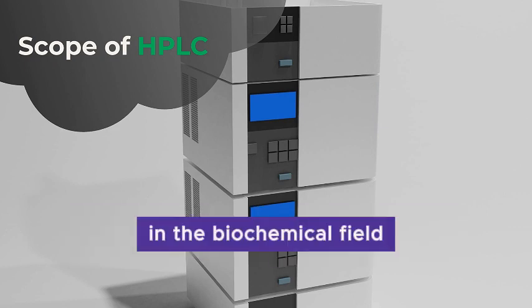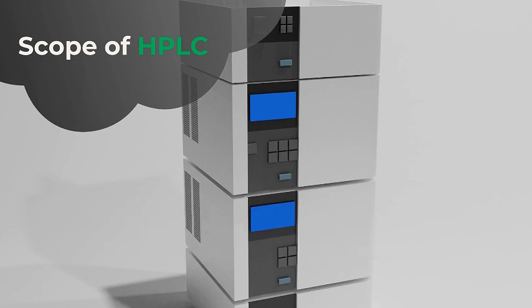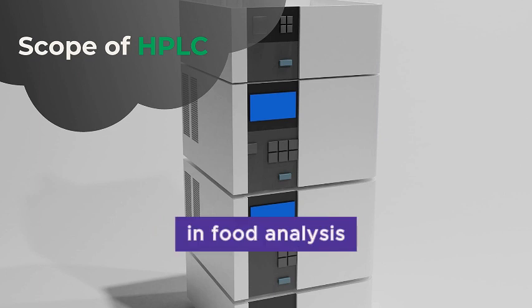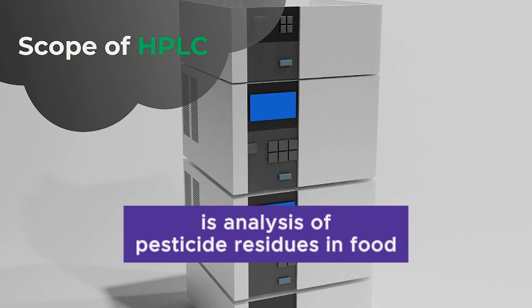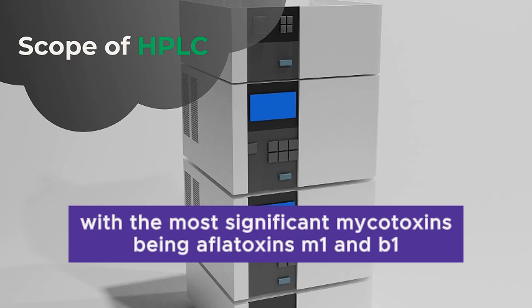In the biochemical field, this device can be used to analyze amino acids, proteins, peptides, sugars, and carbohydrates, such as lactose. In food analysis, one of the most important applications of HPLC is the analysis of pesticide residues in food, such as mycotoxins, with the most significant mycotoxins being aflatoxins M1 and B1.